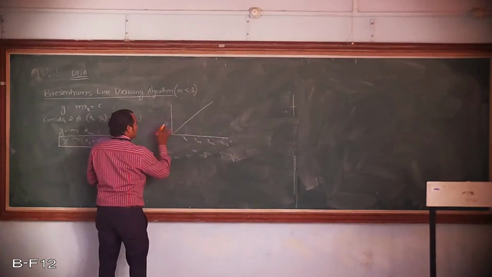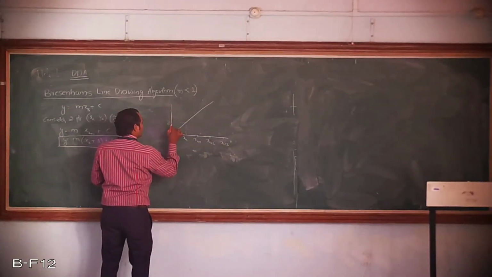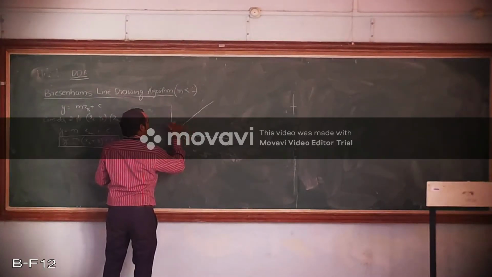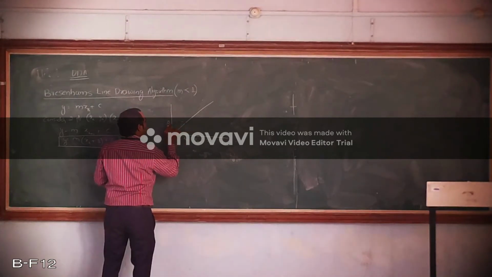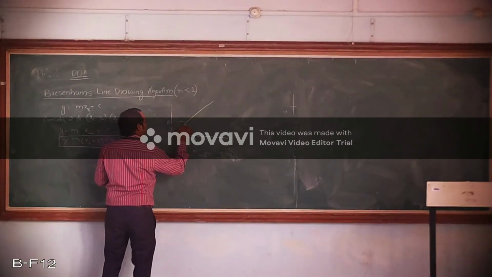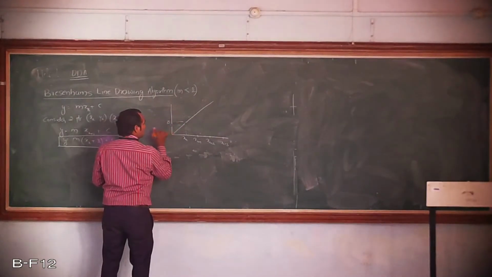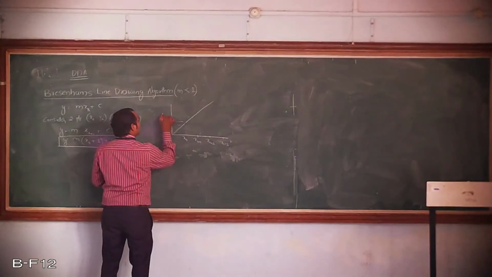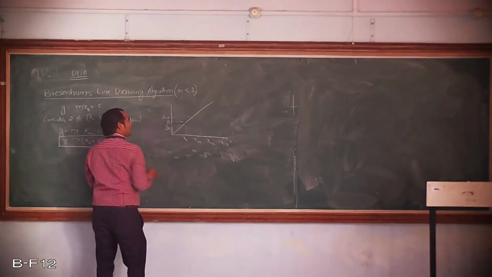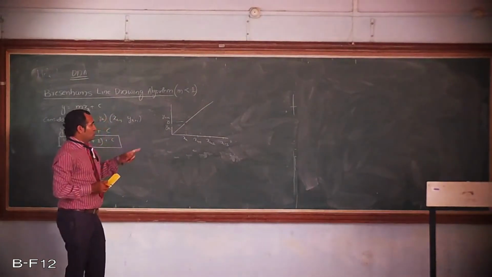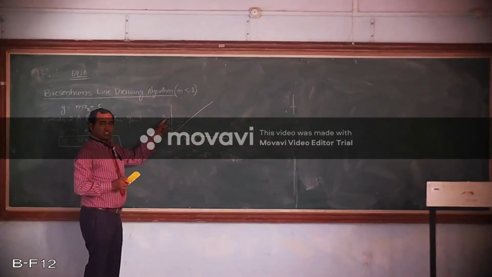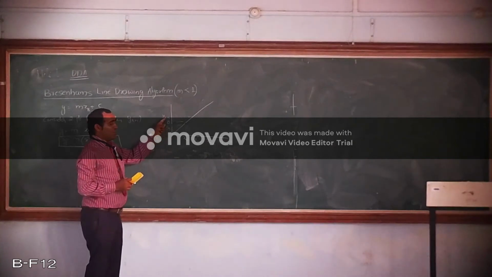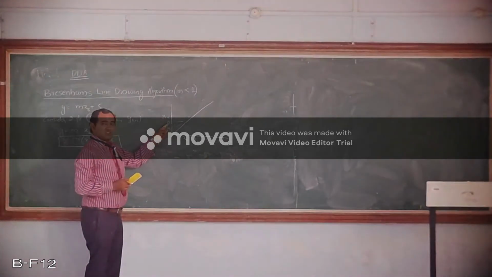Here, if I take this as y, let me consider this as yk and this as yk plus 1. So yk is here and yk plus 1 is here. In between yk and yk plus 1, we have the actual coordinate of y, that is y.